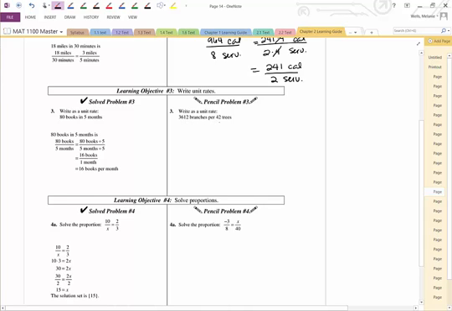Okay. Number 3 asks us for a unit rate, 3,612 branches per 42 trees. And remember, in a unit rate, we want this denominator to be 1. So to get it to be 1, we would divide it by 42. Well, that would change the value of the fraction unless I divide the numerator also by 42.